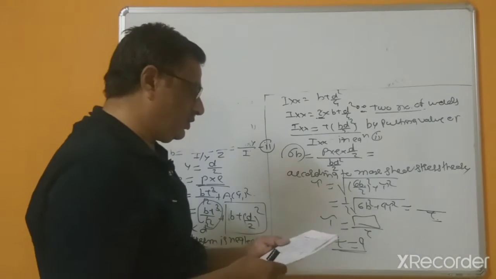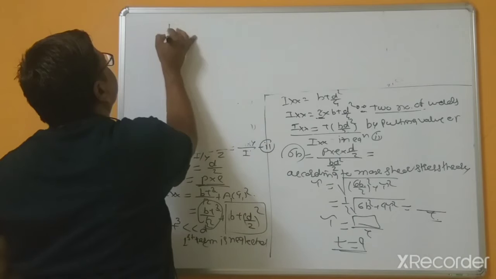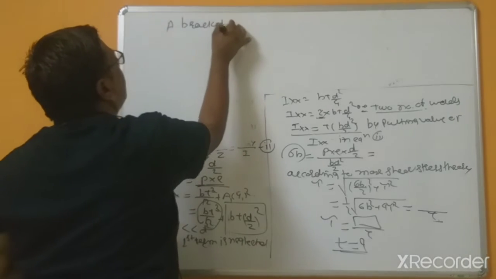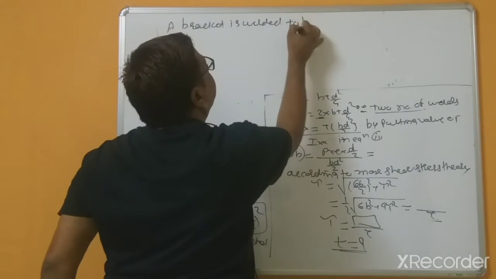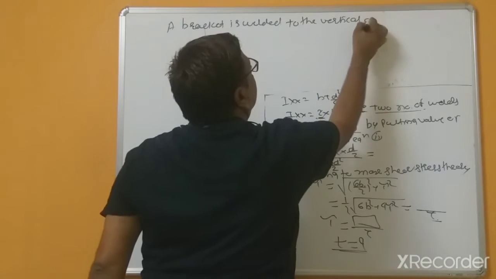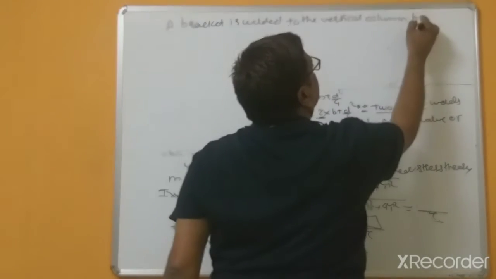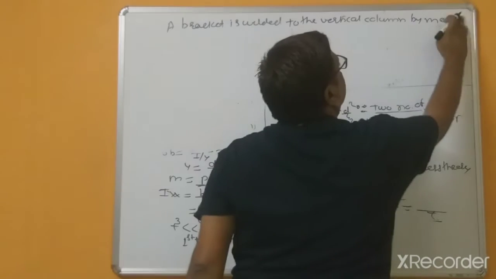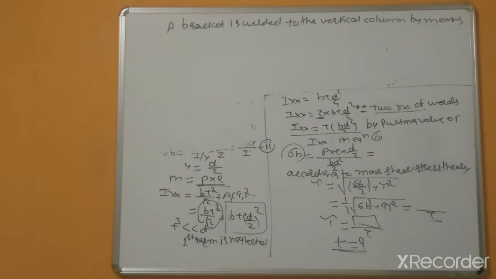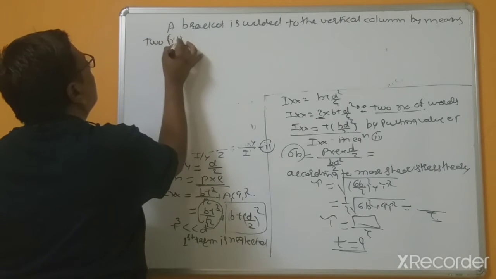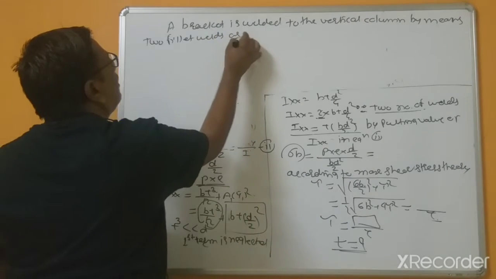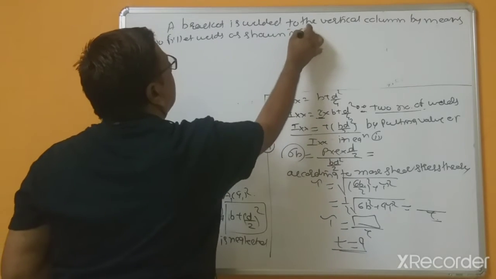Please note down today's first problem. A bracket is welded to the vertical column by means of two fillet welds as shown in the figure.